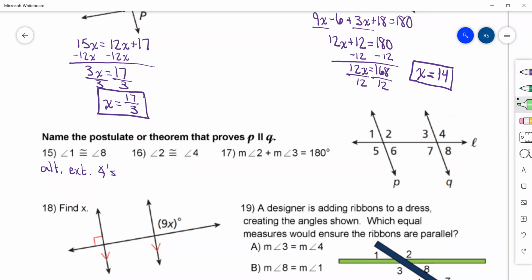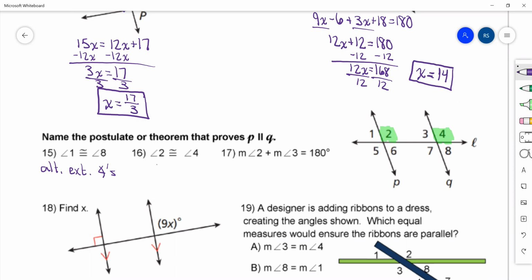Now they ask us about 2 and 4. What do we know about 2 and 4? They're on the same side, but on different street corners.